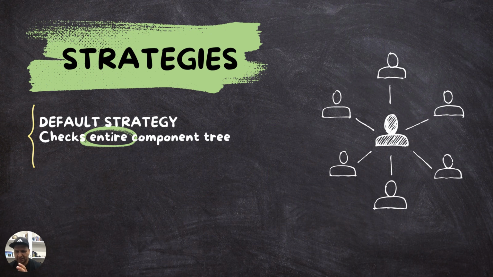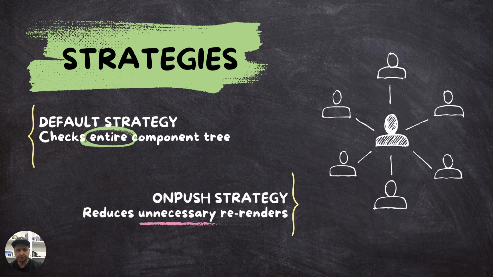And you might say, sure, this works, but it's overkill, especially for performance sensitive applications. And to make things faster, Angular introduced the OnPush strategy, which only checks components when their input reference changes. Okay.